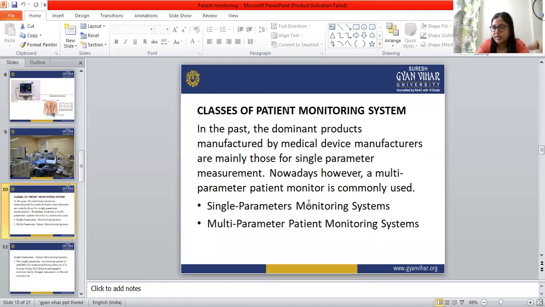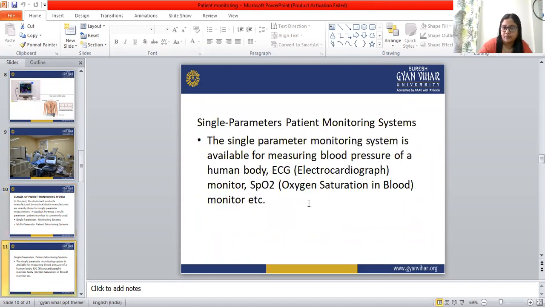But with the multi-parameter patient monitoring system, there is a computerized machine. We can monitor the BP, heart rate, pulse rate, sugar, and all the things in one monitoring system. So this is the difference between the single parameter monitoring system and the multi-parameter patient monitoring system.